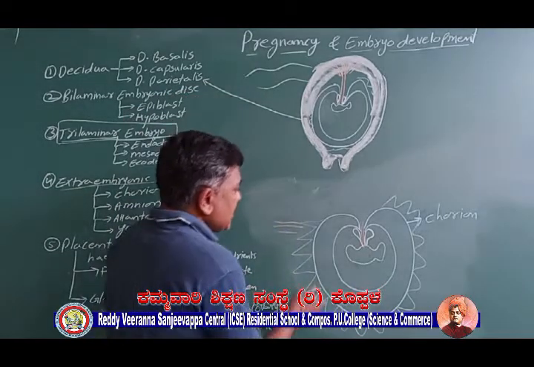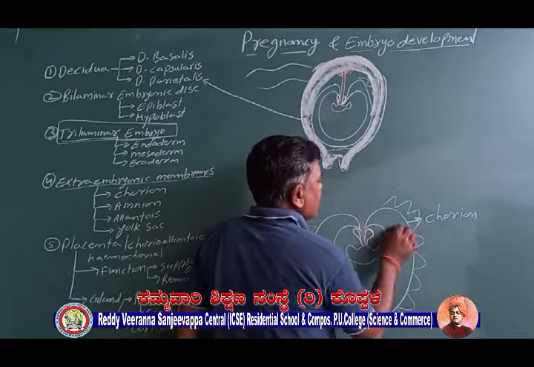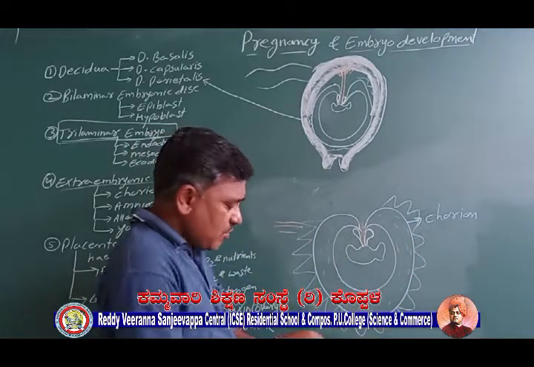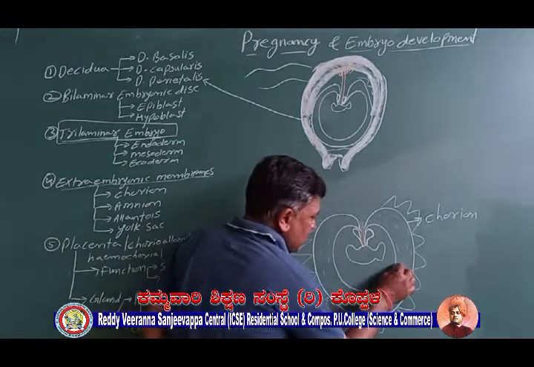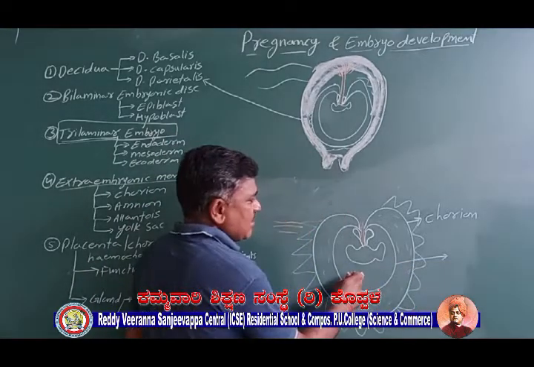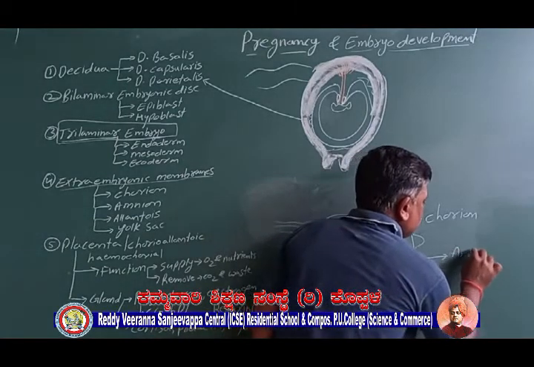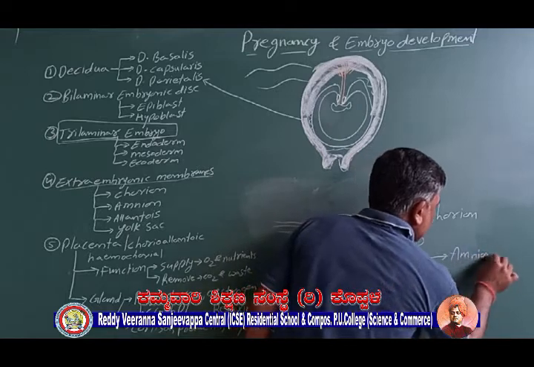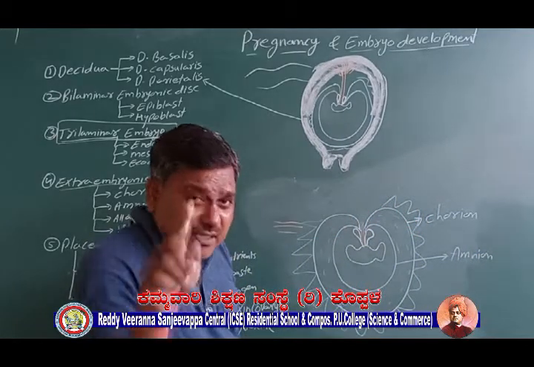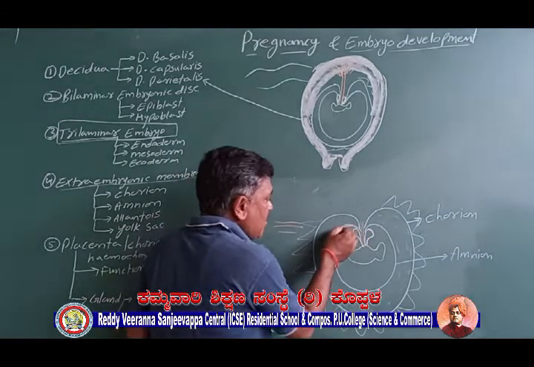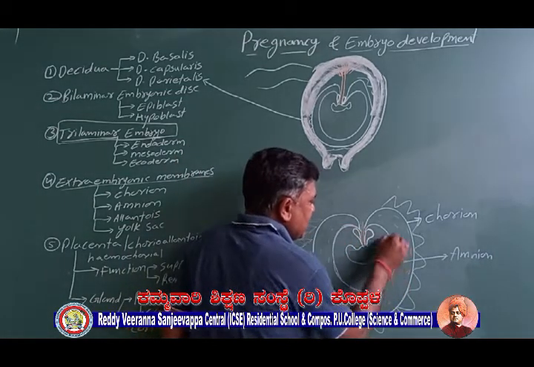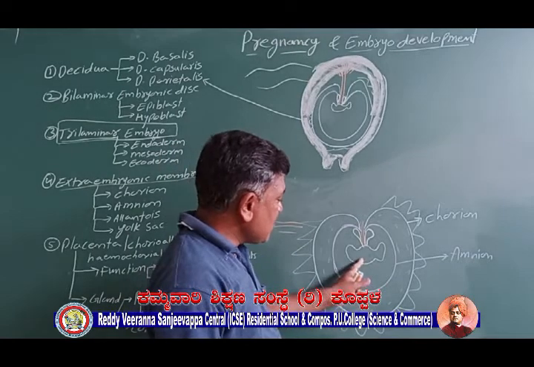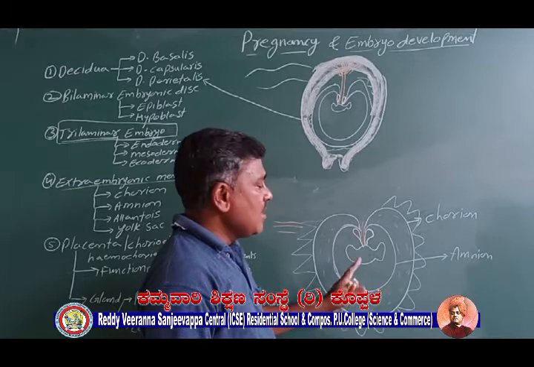Now, inside this, there is a free cavity, and this free cavity is filled with fluid. Now, the second layer is nothing but the amnion, and this amnion is present nearest to the embryo. It is the innermost layer towards the embryo.